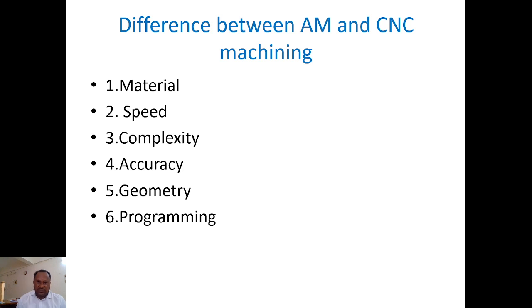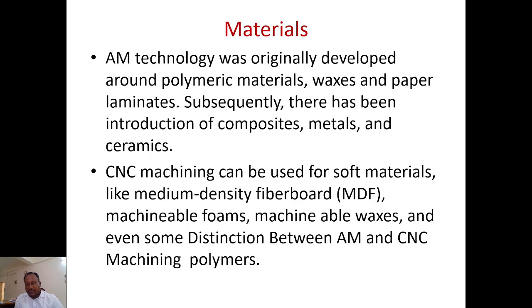What is the difference between CNC, computer numerical control, and the additive manufacturing process? There we can define six points: material, speed, complexity, accuracy, the total geometry of the product, and finally the programming. So what about the materials?